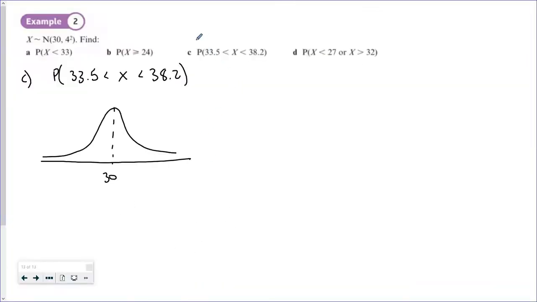So similarly for C, we want what's the probability of x being between these two values. So let's label 33.5 on our diagram and 38.2, and we want what's the area underneath this curve between those two x values.